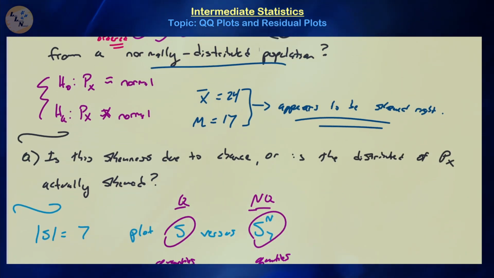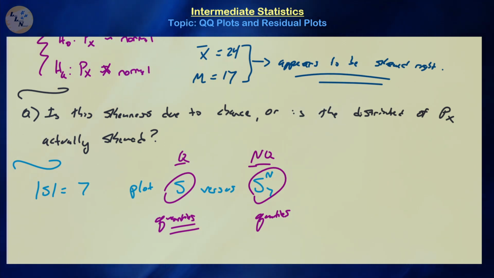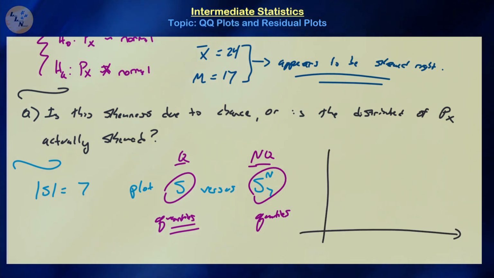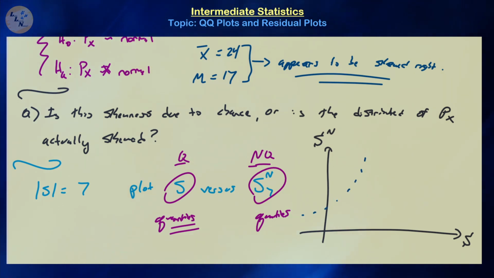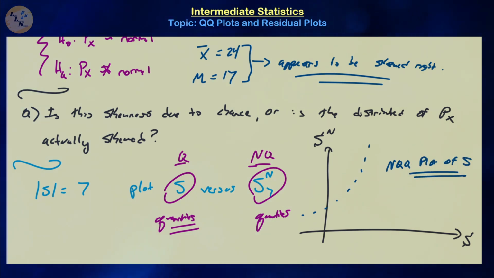Then do a plot, and you're going to get what we call a normal quantile-quantile plot. If we do S on the horizontal and our normally distributed data set on the vertical, you will get a plot that looks something like that. This is what we call the NQQ plot of S.